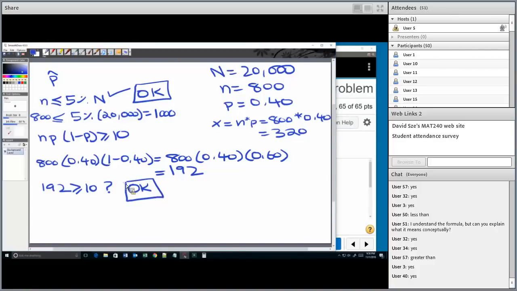Chris, if I were to explain the concepts behind this, it would probably take another hour, and that is outside the norm of the course. But what you have to remember is what these two conditions are testing. It's saying your sample size should always be small enough, not too large.